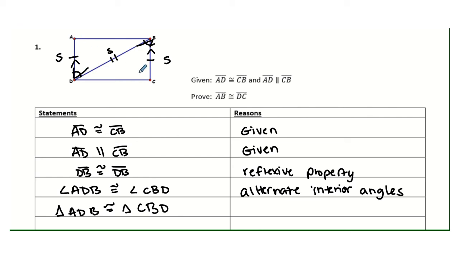A is congruent to C, that's right. D needs to be congruent to itself. And then B. There we go. And this is because we have side angle side congruence.